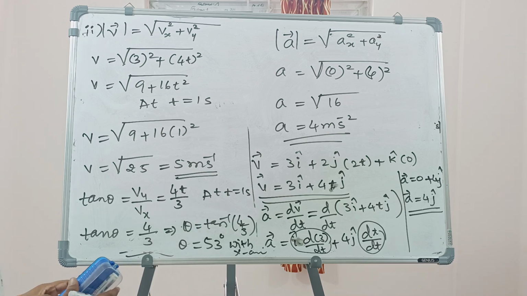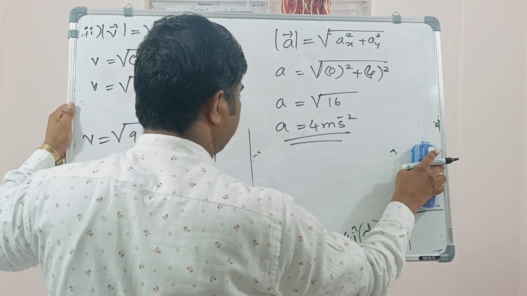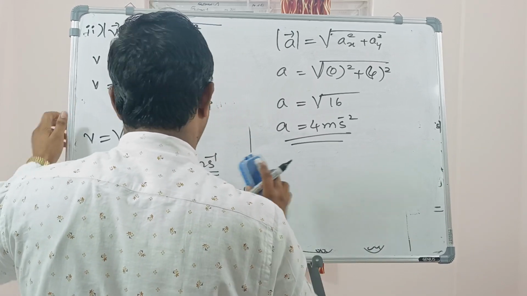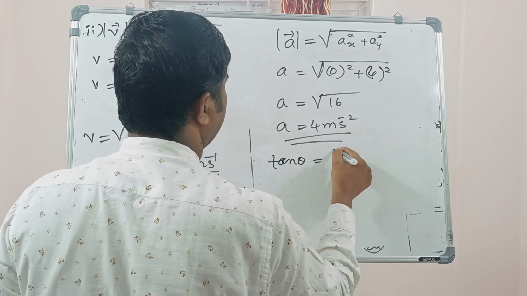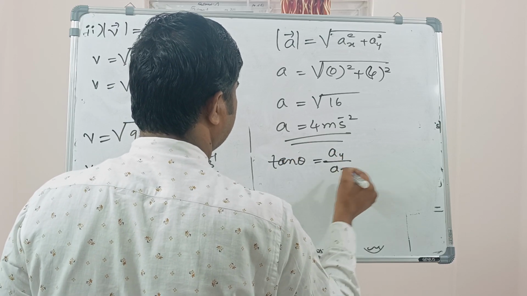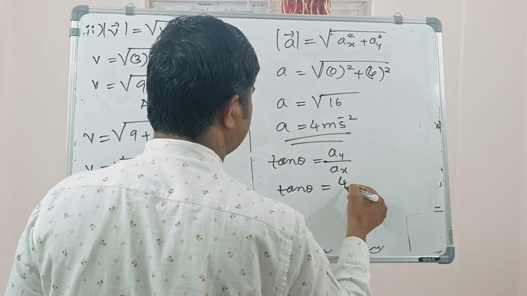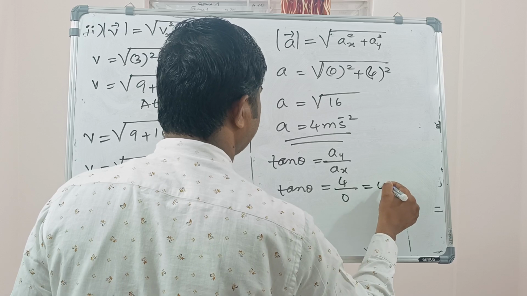Now let us go for the direction of acceleration. How to calculate the direction of acceleration? You know the formula, that is tan theta is equal to the vertical component of acceleration divided by the horizontal component of acceleration. Then tan theta is equal to the vertical component of acceleration, which is 4, over the horizontal component of acceleration, which is 0, that is 4 by 0 is infinity.